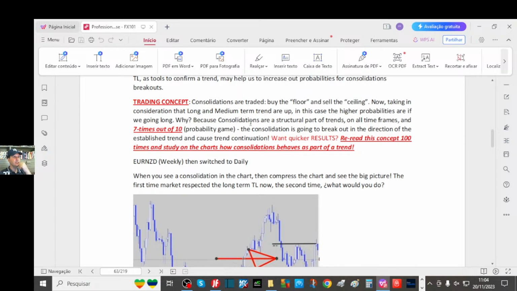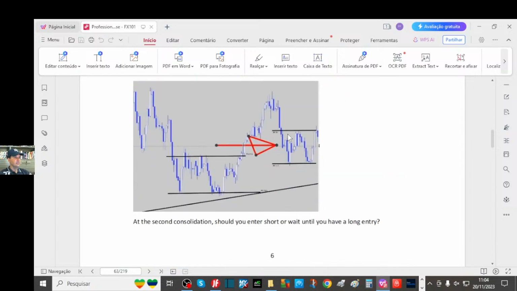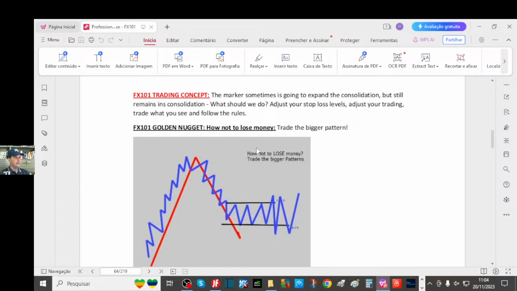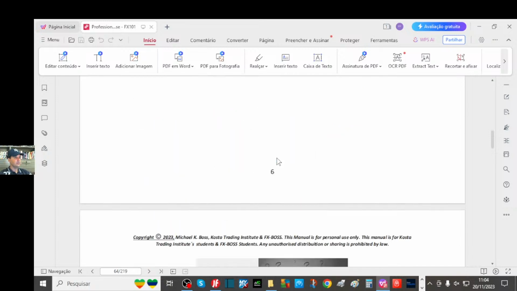Because consolidations are a structural part of trends on all time frames, and in a 7 times out of 10 probability game, the consolidation is going to break out in the direction of the previous established trend. How not to lose money: trade with bigger patterns.